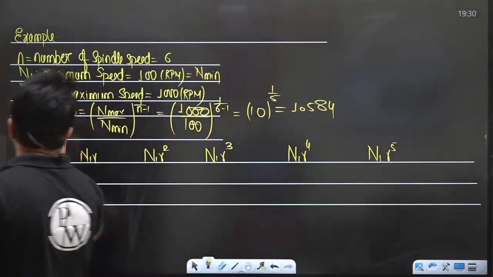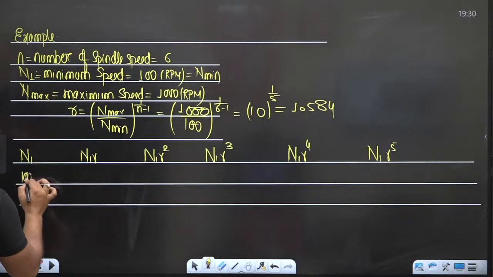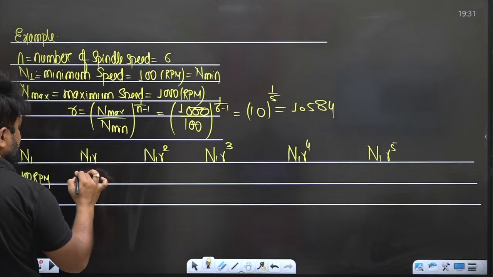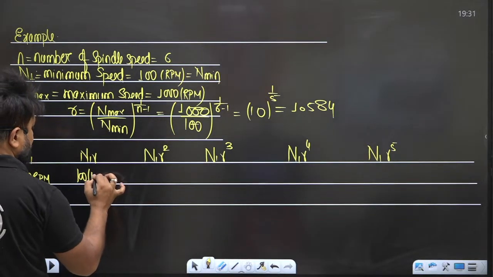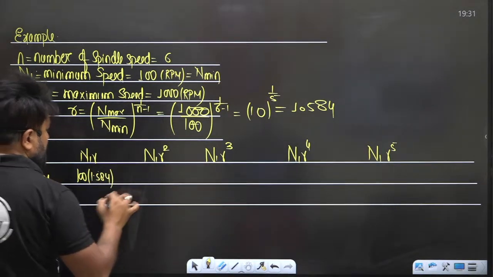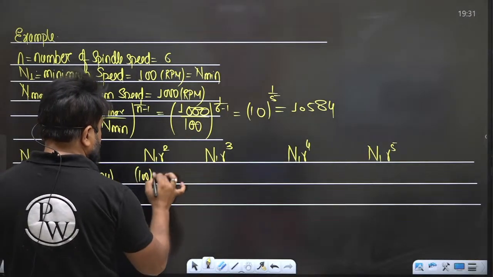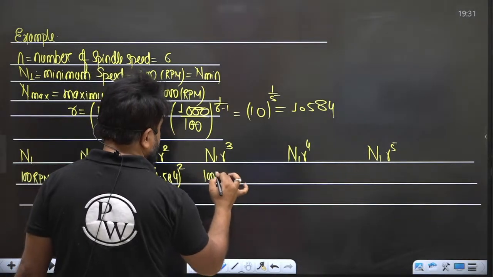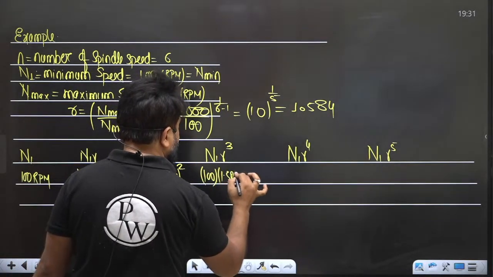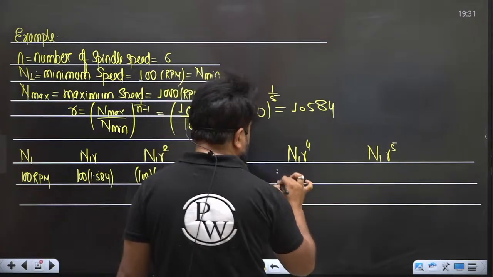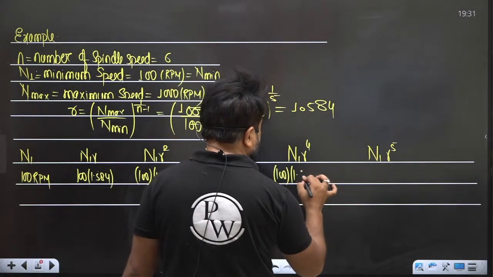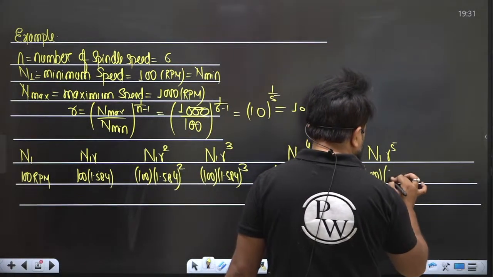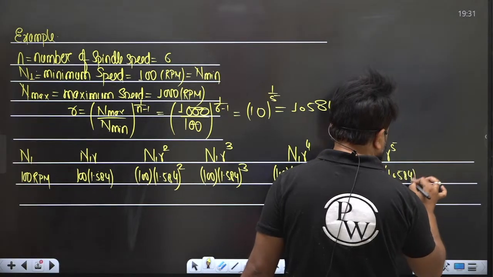Now, N1 basically is what? 100 RPM. N1R is what? Basically 100, 100 times 1.584, 100 times 1.584 squared, 100 times 1.584 cubed, 100 times 1.584 to the power 4, 100 times 1.584 to the power 5.